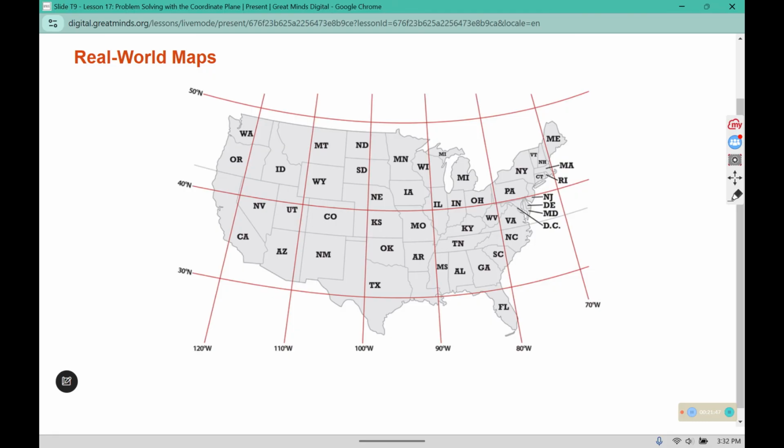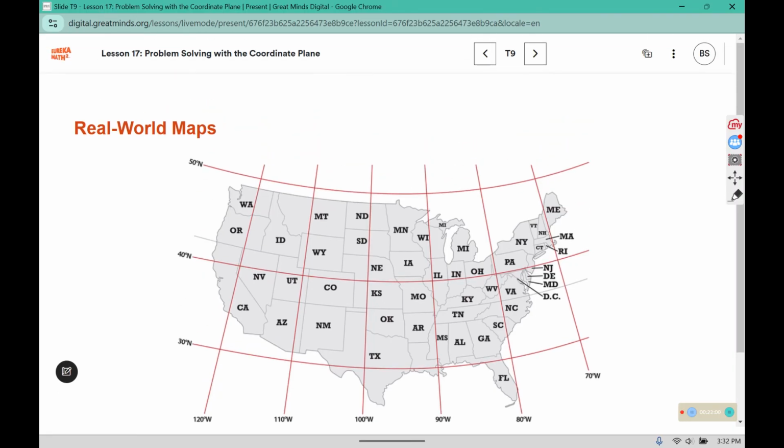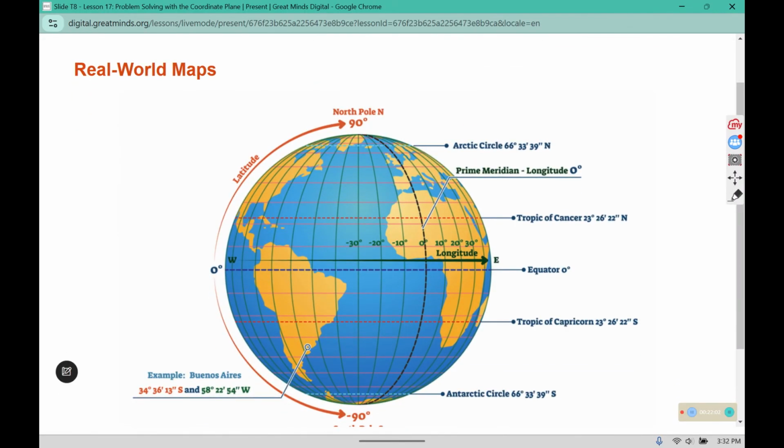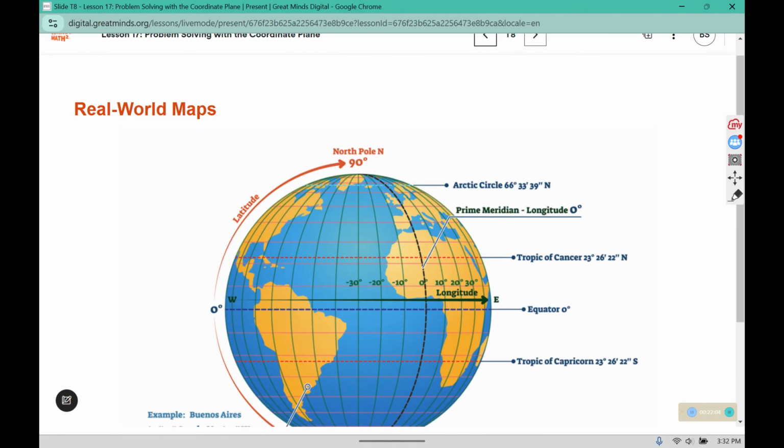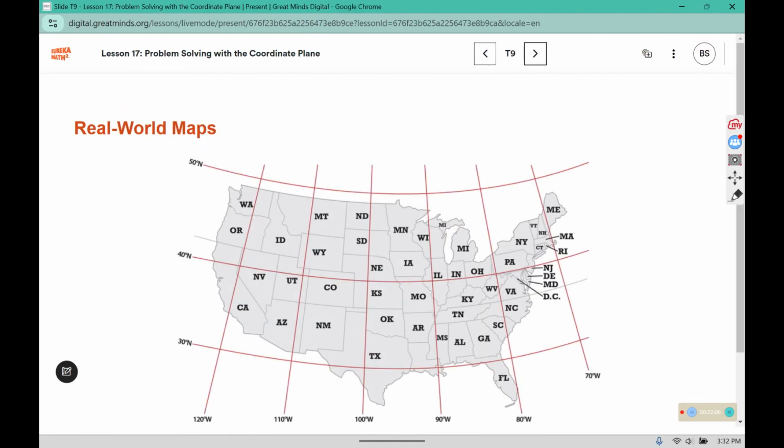And here we have the map of the United States. Why might these lines not be vertical or horizontal? Why do you think they're curved? Well, if we look back at the last picture, our globe isn't flat. It's three-dimensional, so there's curves that go around the outside of the globe.